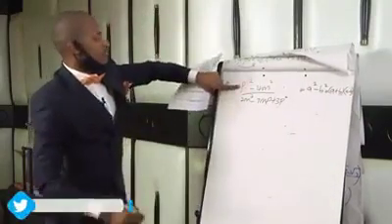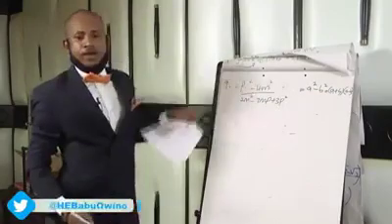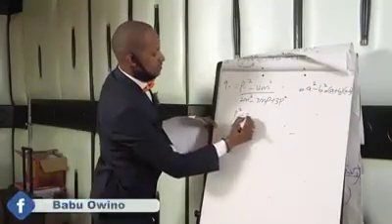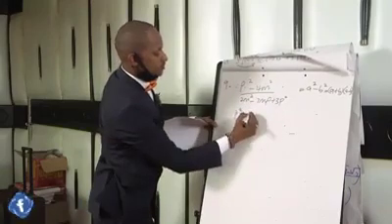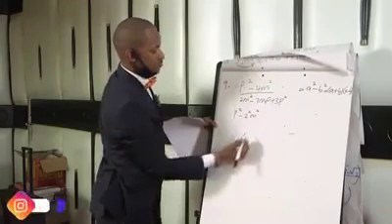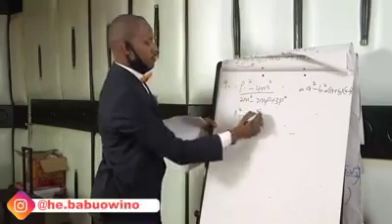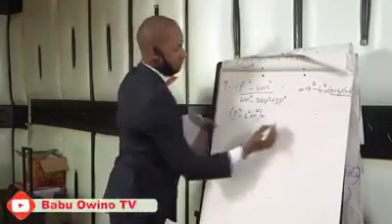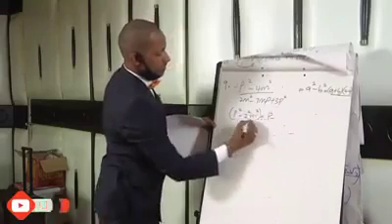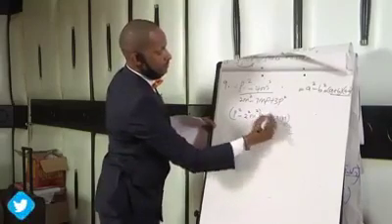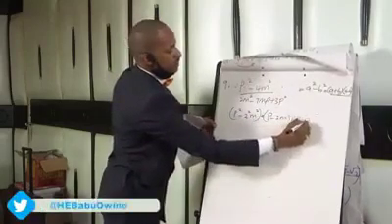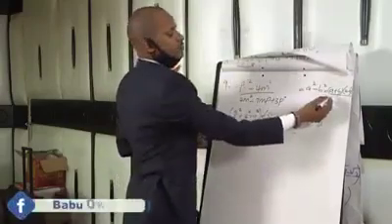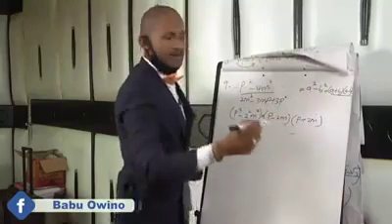Therefore, p squared minus 4m squared, where 4 can be written as 2 raised to power 2 and m raised to power 2, simplifies to p minus 2m into p plus 2m.